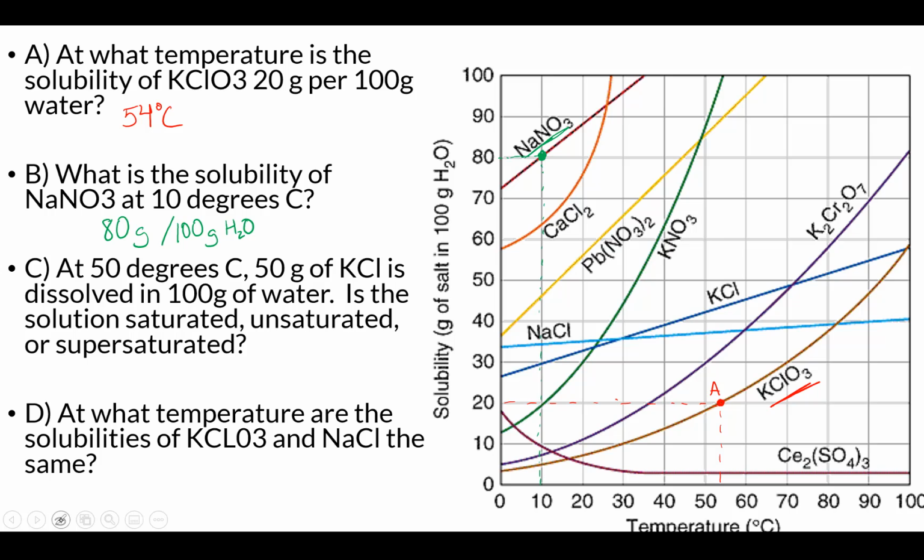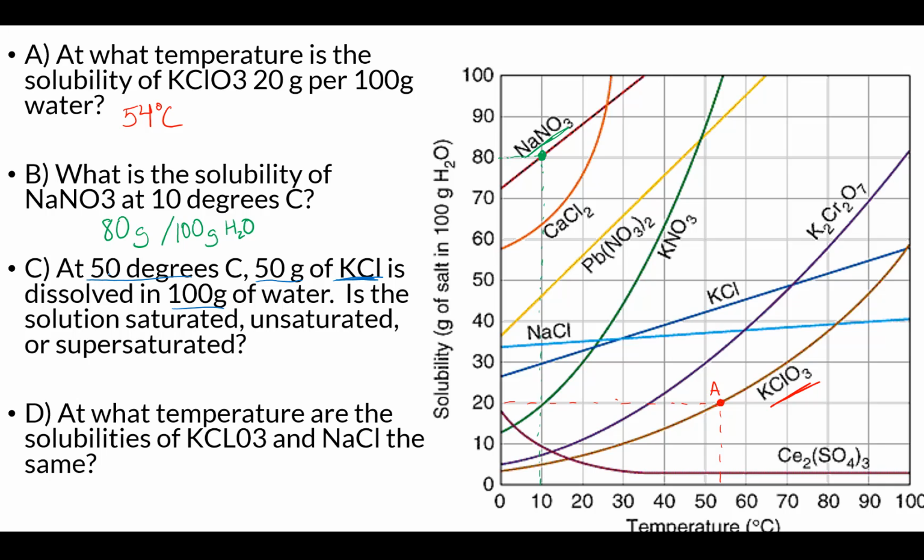Letter C. At 50 degrees C, 50 grams of KCl is dissolved in 100 grams of water. Is the solution saturated, unsaturated, or supersaturated? So first of all, it's KCl, and we have 50 grams per 100 grams, and it's 50 degrees.